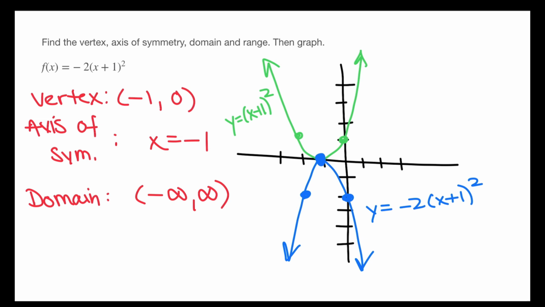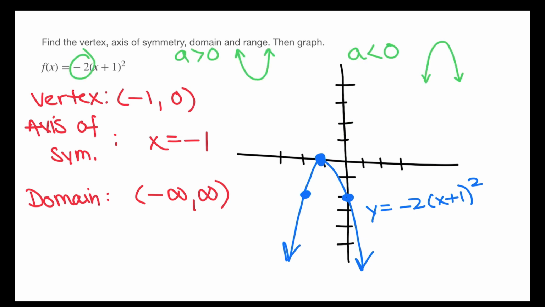The important thing I want to note about this picture is notice that because this x squared coefficient, this a value, is negative, the graph opens down. And that means my vertex is actually my maximum value. So when I find my range, it is going to be everything from -infinity to this maximum value.